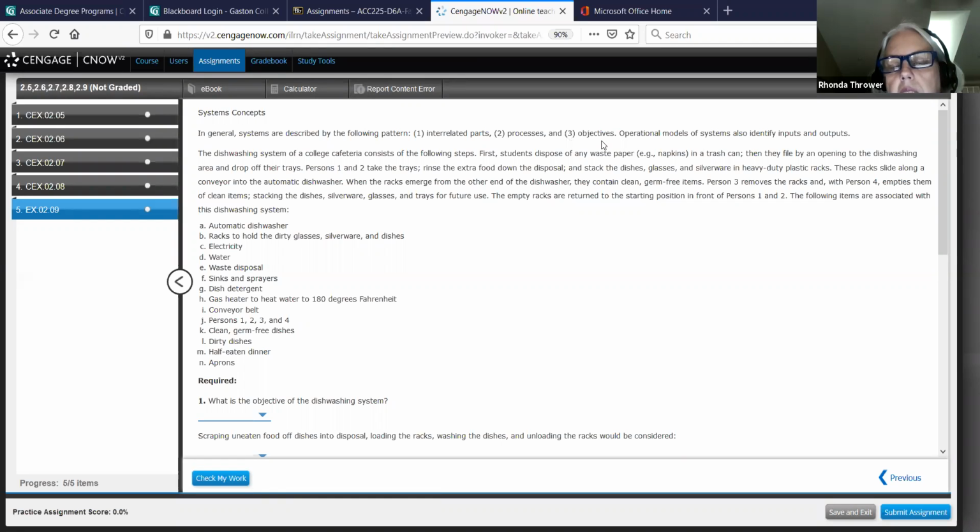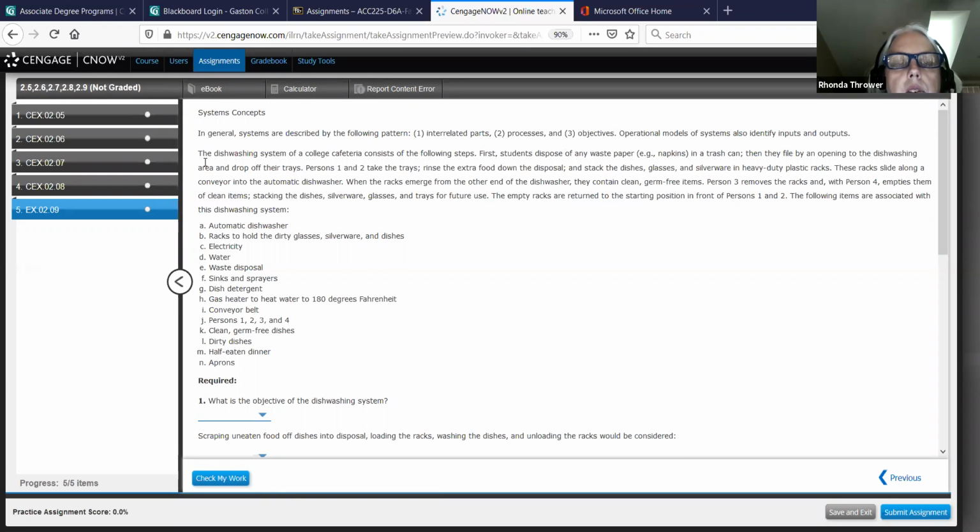So in an accounting information system, the objective would be to report information that would be meaningful to the users of that accounting information. And the objective of that is that the users would be able to make good decisions about the company, whether to invest in the company, or even whether to work in the company.